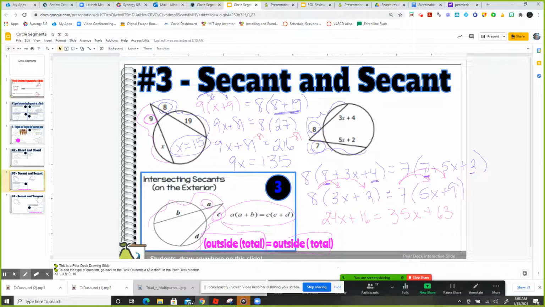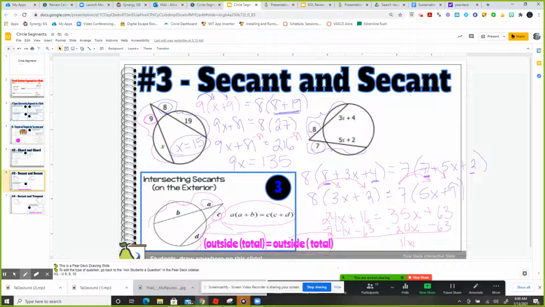This time I'm going to subtract the 24x because I always subtract my smaller variables. If I subtract the 24, 35 minus 24 is 11x. I move my variables to the right this time, so I want to move my numbers to the left. Again, if this stresses you out, don't worry about it. You can do it however you want. And then 16 minus 63.